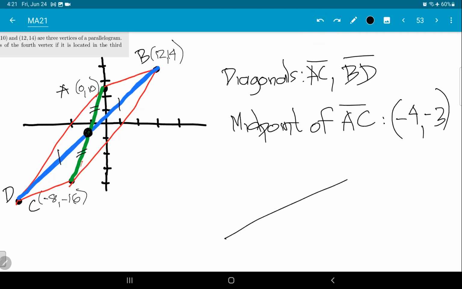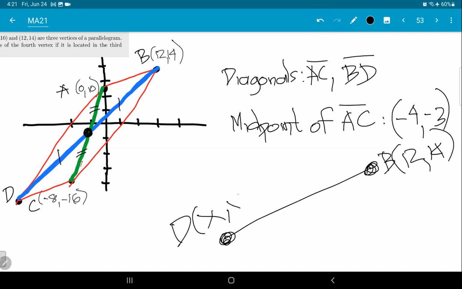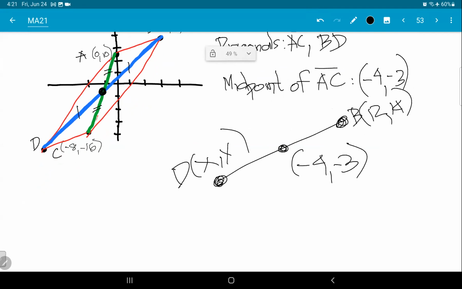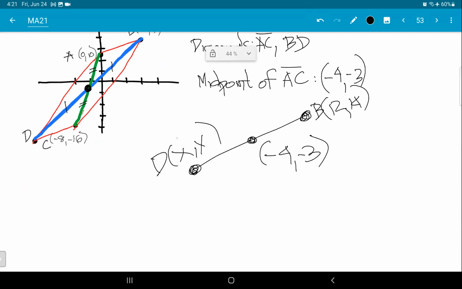If we redraw here, E is unknown. The midpoint is given, was derived rather. Remember, we apply the midpoint formula in reverse. So x plus 12 over 2.